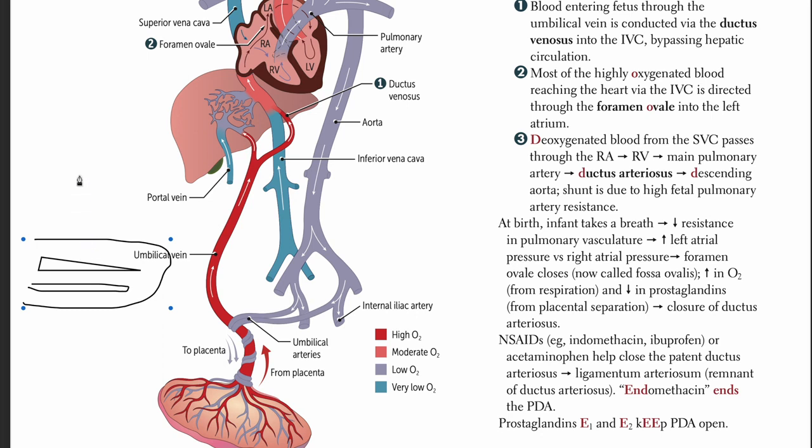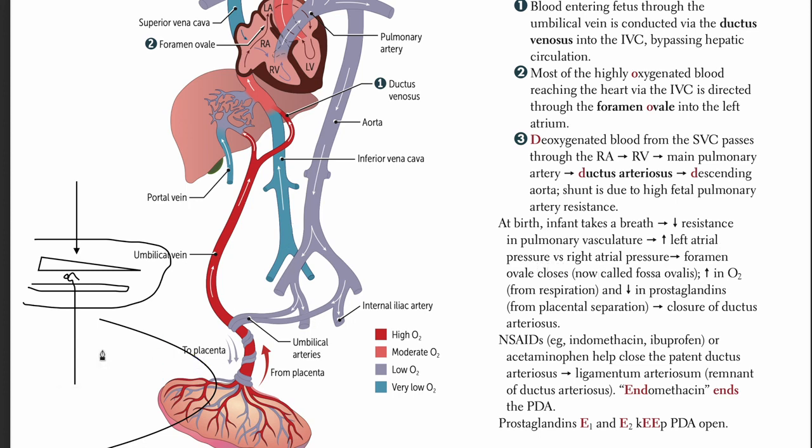So it's pushing downwards onto the vessels. So when it's inflated, now the vessels are not getting pushed by external force, right? So now the resistance is decreased because of that. So decrease in resistance in pulmonary vasculature leads to increase in left atrial pressure, right?